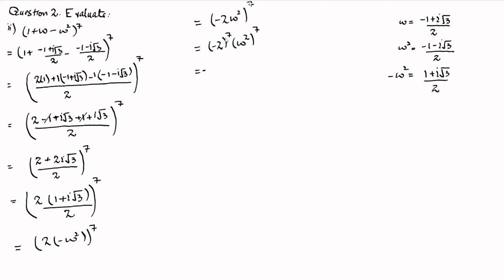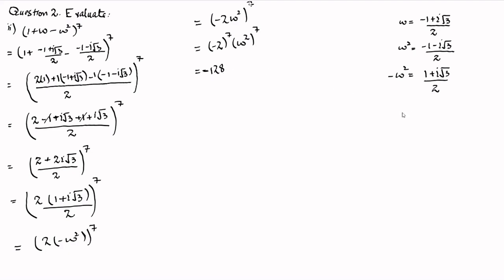And if the power of a negative number is an even number, then the result will be a positive number. And 2 raised to the power 7 is equal to 128. So minus 2 raised to the power 7 is equal to minus 128.